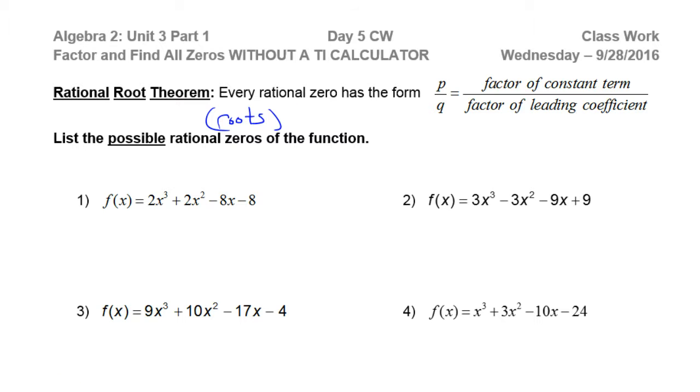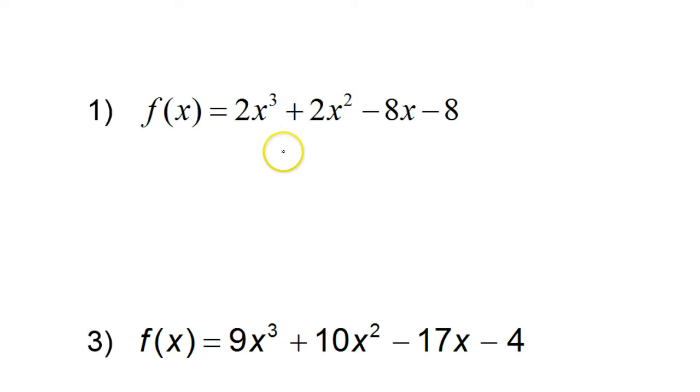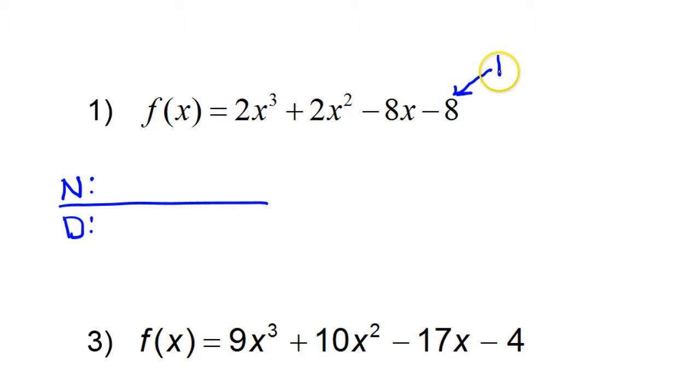Here's what that means. If I want to make a list of the possible rational roots, I think of it in terms of numerators and denominators. The possible numerators are going to come from the constant term.